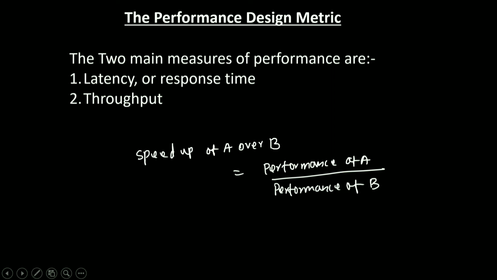Suppose the speedup of camera A over camera B is 2, then we can also say that A is 2 times faster than B and B is 2 times slower than A.